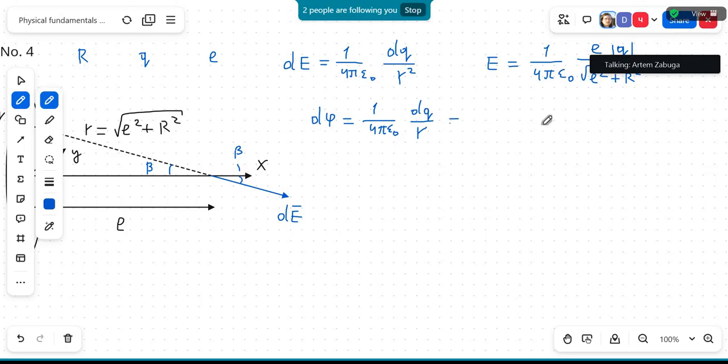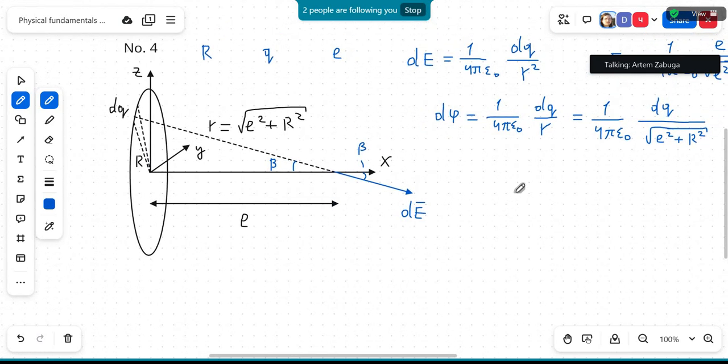So we can notice that it is 1 divided by 4 pi epsilon 0, dq, divided by the square root of L squared plus R squared.